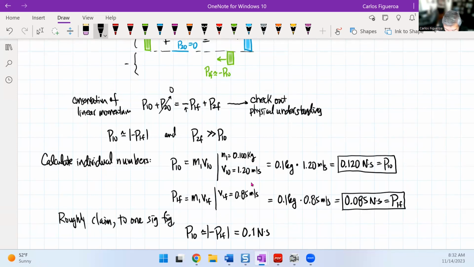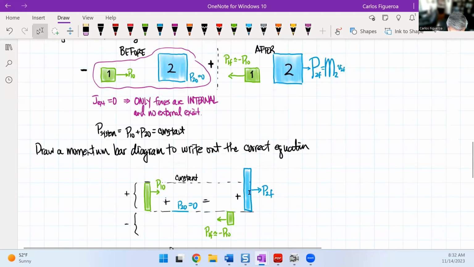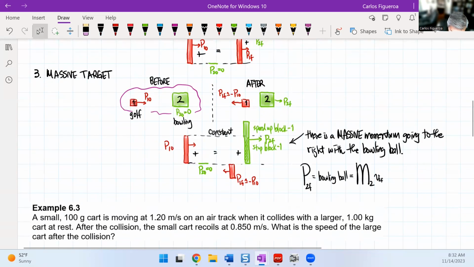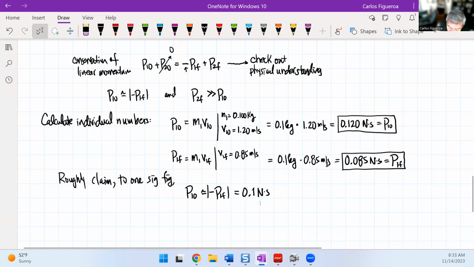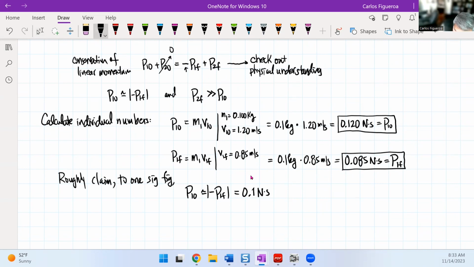So if we come back to our statement back here, that if we threw a golf ball at a bowling ball, it's going to roughly come back with the same momentum, I would agree with that statement. The numbers seem to agree with that. Now, I can't calculate the momentum of 2 yet because that's what the question is asking. So far, our picture seems to be agreeing with what we claimed.